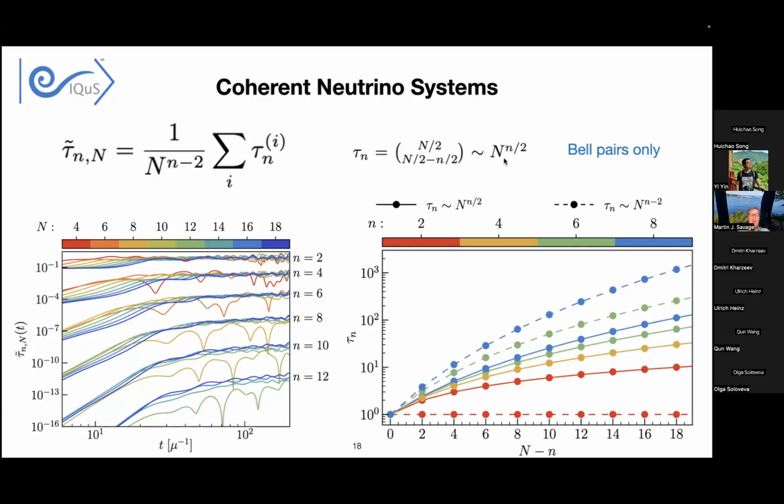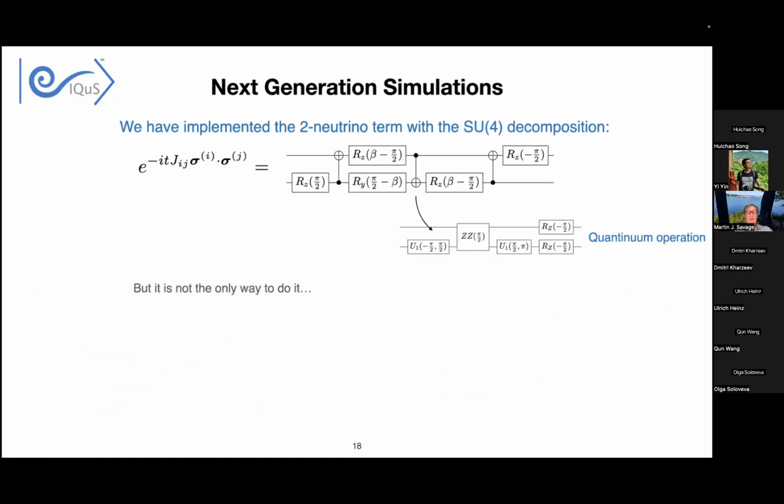We're pushing this now to systems of n equals 20 and trying to explore different structures, to see whether we can identify exactly what the entanglement structure is. The next generation simulations here are straightforward.